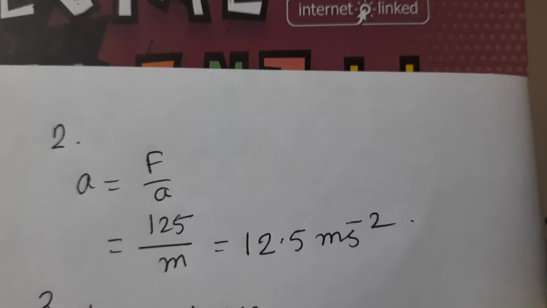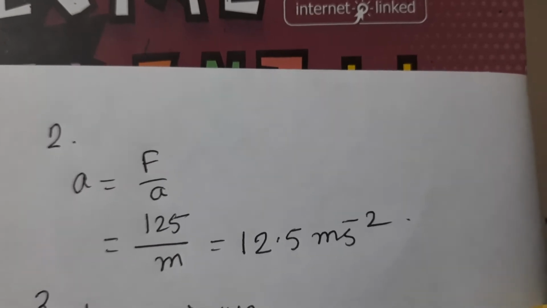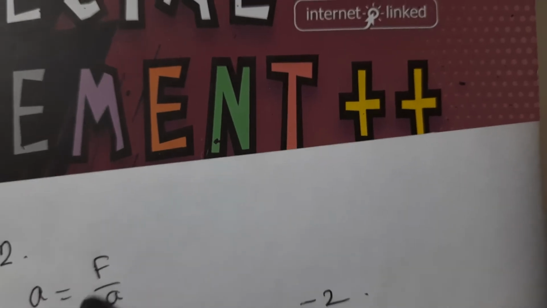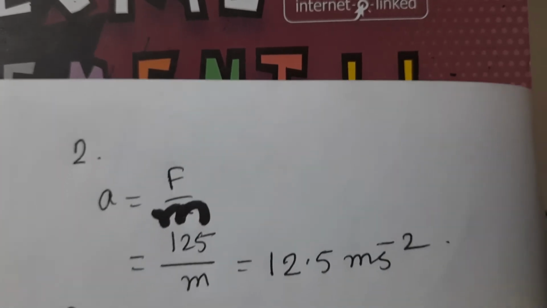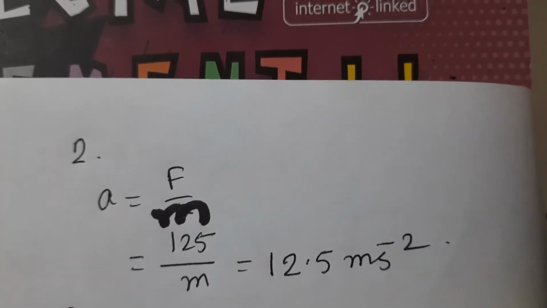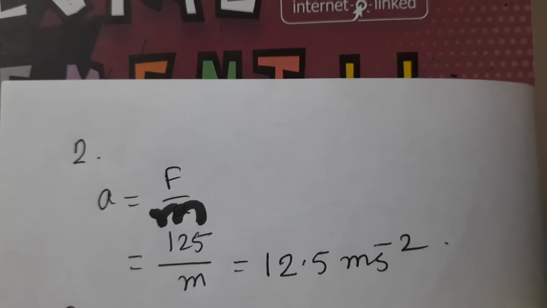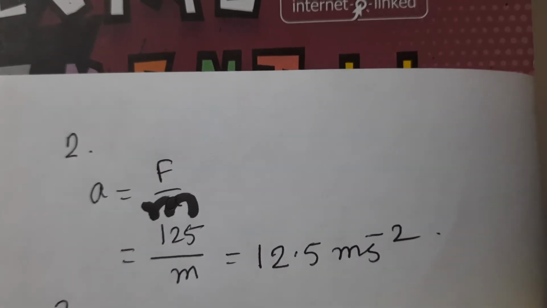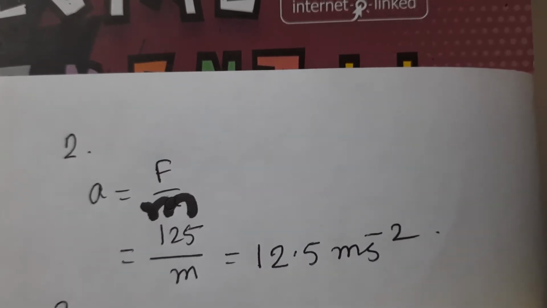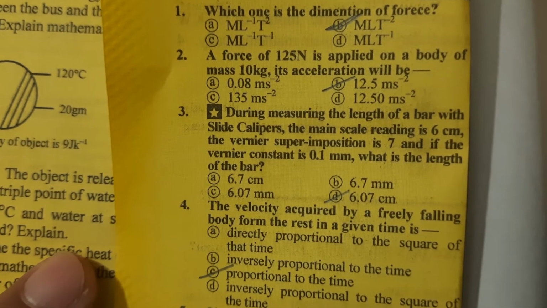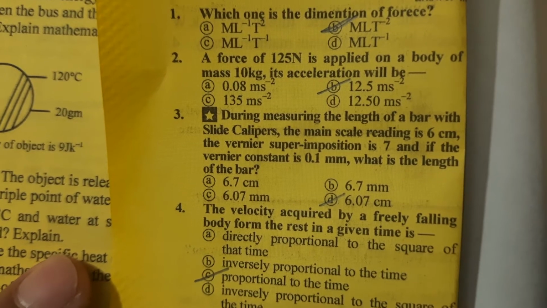So we can write a equal to F by m. Putting the value of force and mass, we get 12.5 meter per second square. So the answer is B. So the answer of question number 2 is B.